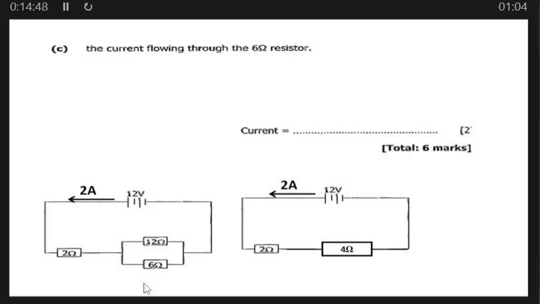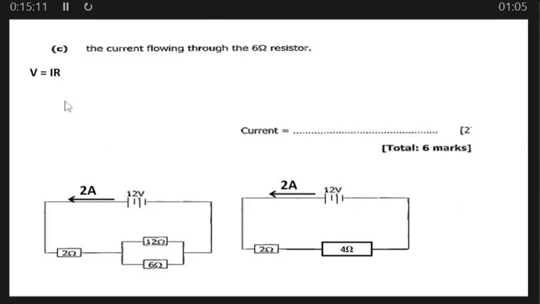So what we are going to do now, since we know the total resistor and the current passing through it, we'll use Ohm's law, which says voltage is equal to current times resistance. We know the current is 2 amps and the resistor here is 4.